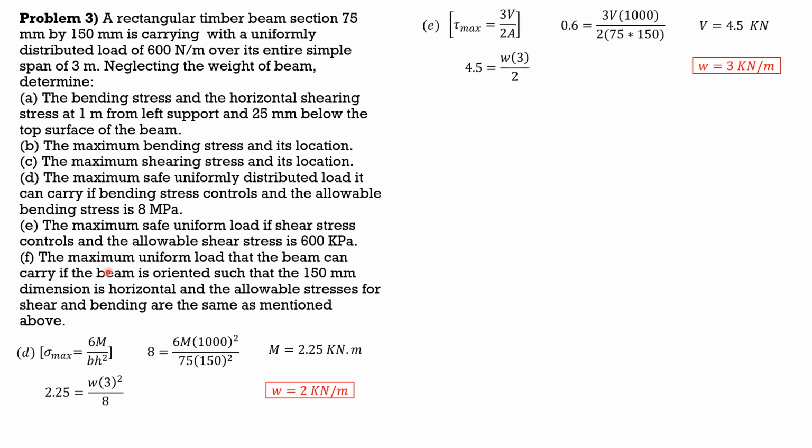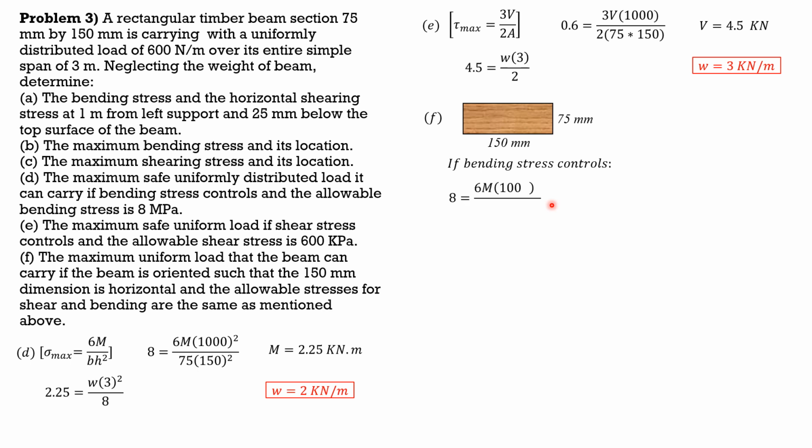Then letter F, the maximum uniform load that the beam can carry if the beam is oriented such that the 150 mm dimension is horizontal and the allowable stresses for shear and bending are the same as mentioned above. So for letter F, this is now the orientation of the cross-section. B is 150 and H is 75. So if bending stress controls, still sigma max equals 6M over BH square, where this time B is 150 and H is 75.